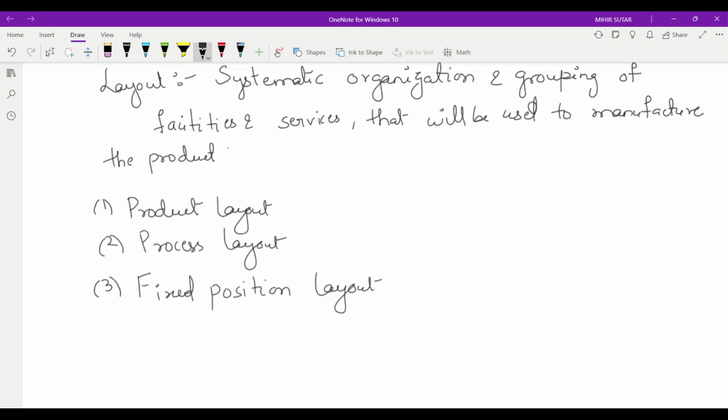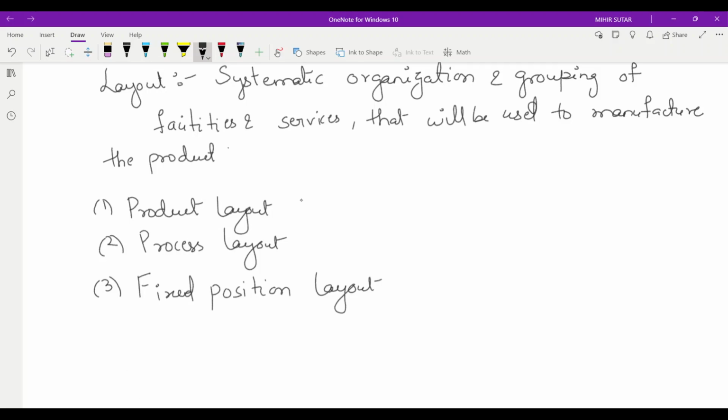So in case of product layout, I think from the name itself it is very clear that the machines are grouped as per the product. So it is used for mass production. All the machines used to manufacture a product will be grouped together, like the product will be going from machine 1 to machine 2, then machine 3, machine 4, and all machines will be in a line.